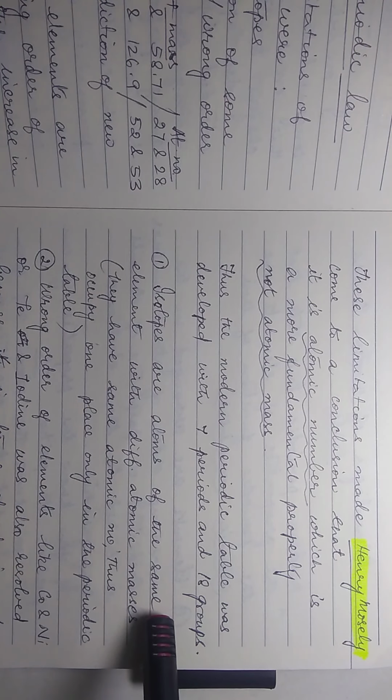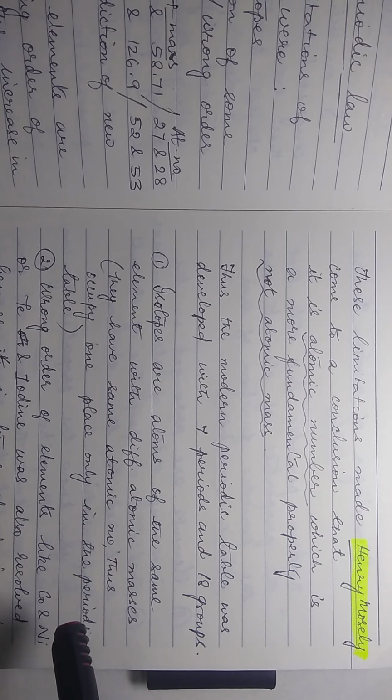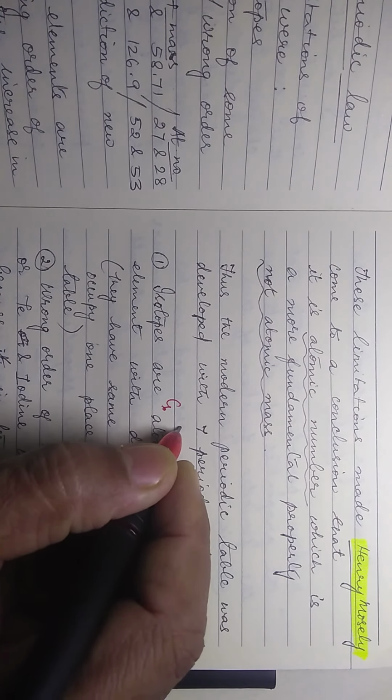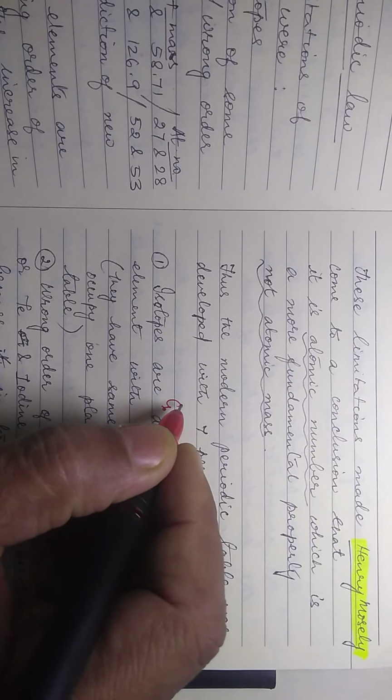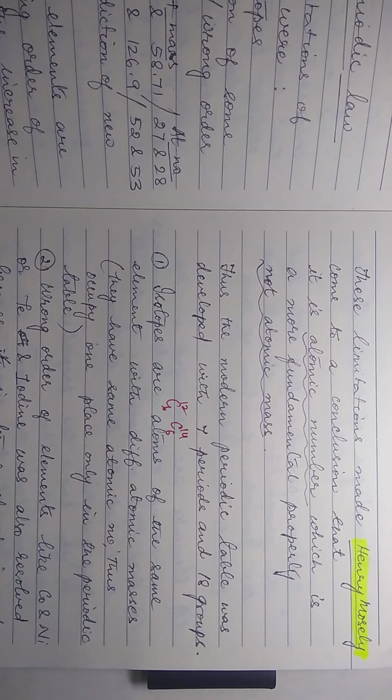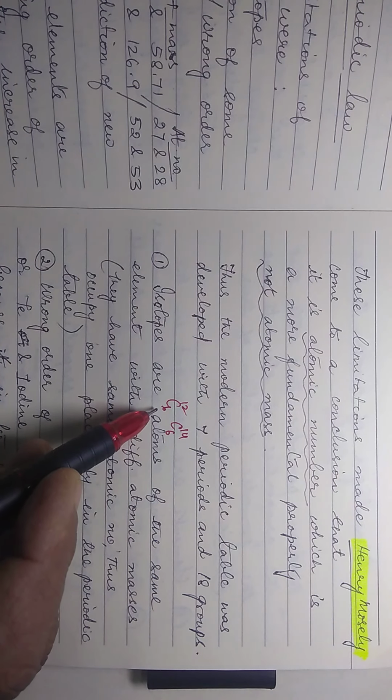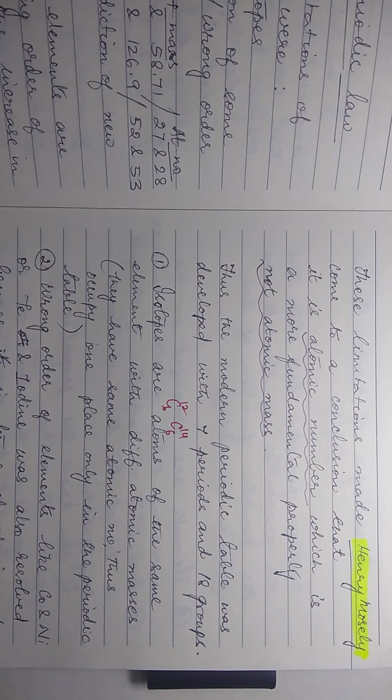Isotopes are atoms of the same element with different atomic masses. C12, C14, I have already given you examples. Okay. Supposing you are talking about C-6-12 and C-6-14. These are two isotopes of carbon. Okay. And they have the same atomic number. What is this 6? 6 is nothing but atomic number.